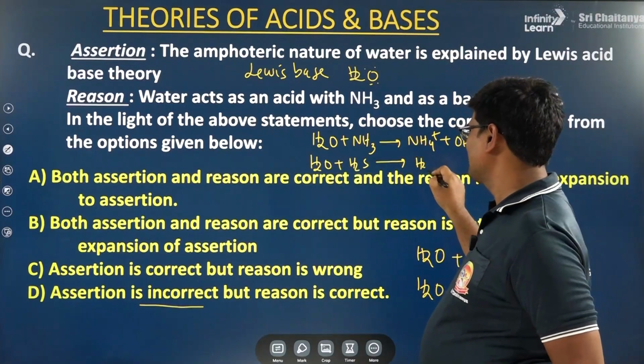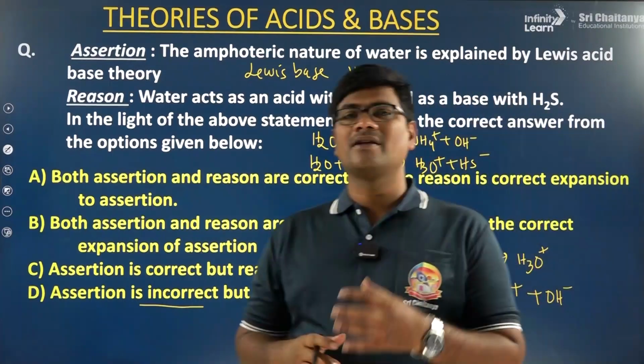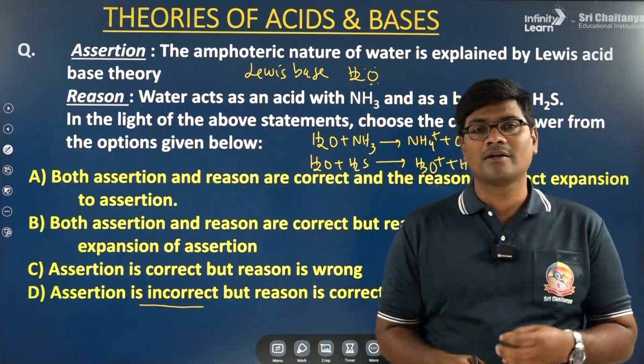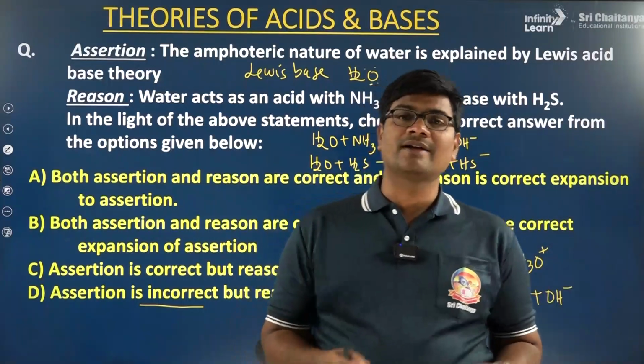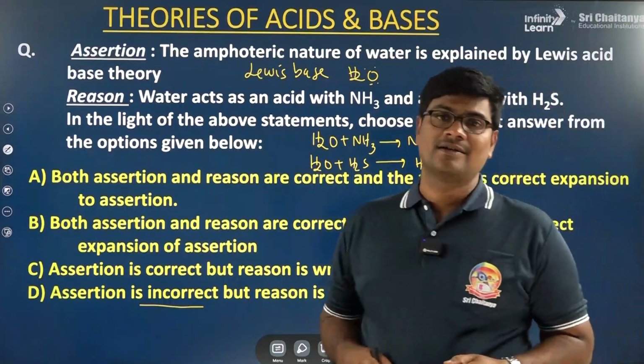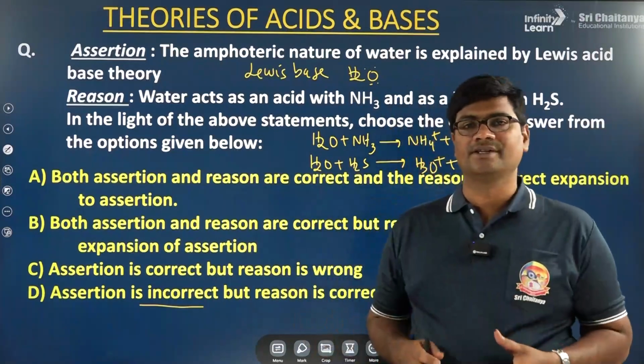Therefore, it produces H3O plus and HS minus. That means the amphoteric nature of water is explained by Bronsted theory. The typical example is water donates a proton to ammonia and accepts a proton from H2S. Therefore, the reason is correct. Unfortunately, the assertion is incorrect. Therefore, the right option is D here.